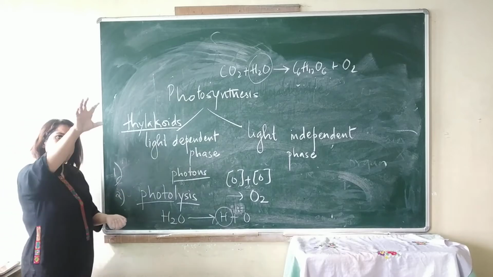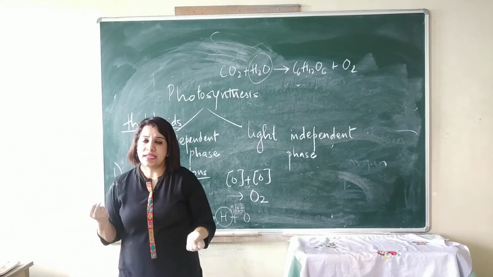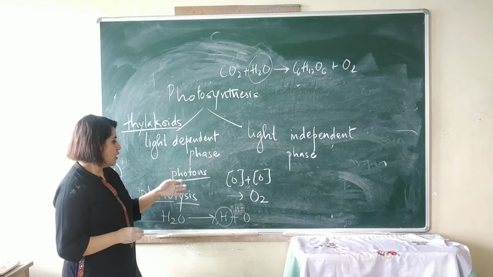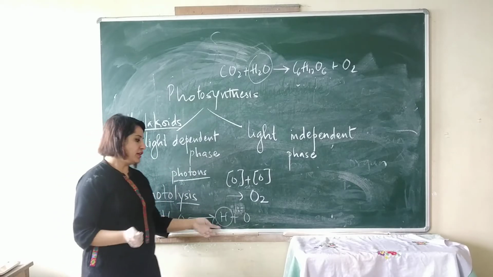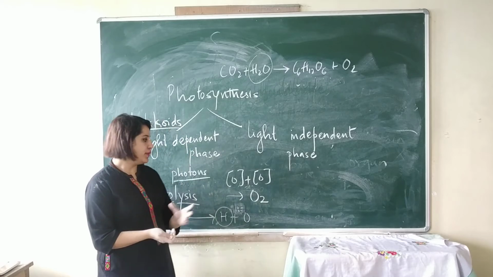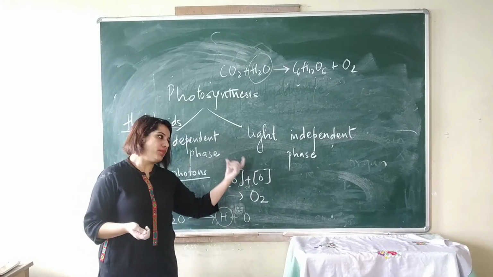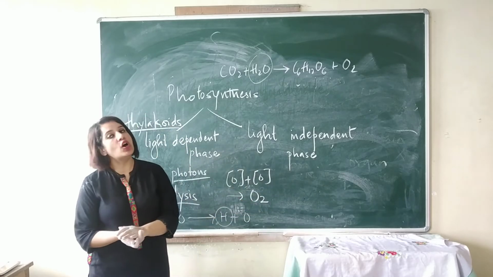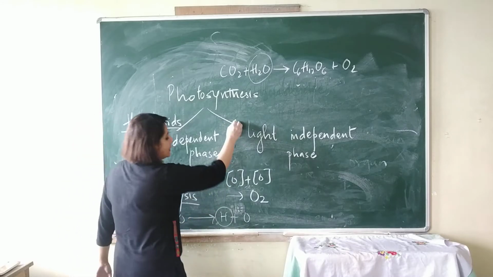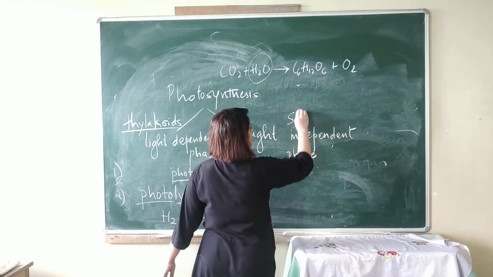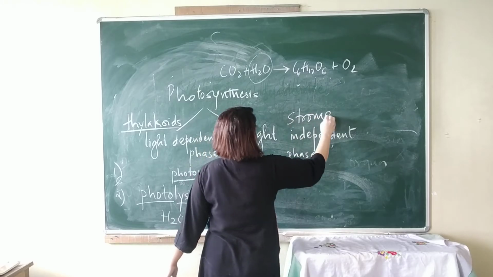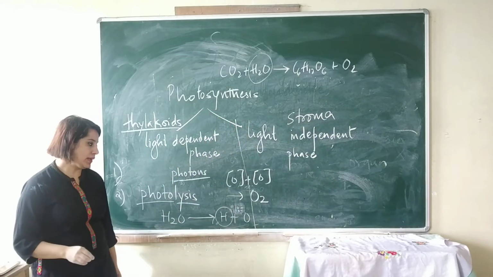So chlorophyll absorbs light energy or photons, which helps in splitting of water. During splitting of water, hydrogen and oxygen are formed. Two atoms of oxygen combine to give you a molecule of oxygen. Now the light-independent phase occurs in the stroma of the chloroplast, since light is not required.